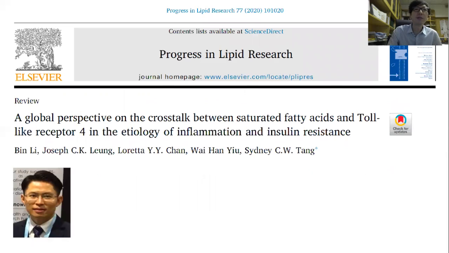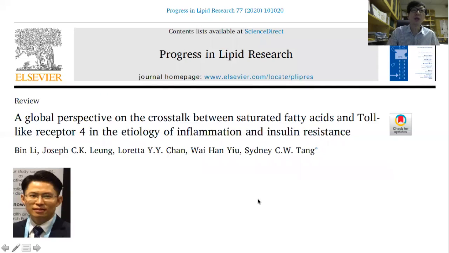This is a recent review that our group has published by Li Bing, who was a PhD student at the University of Hong Kong, who has now graduated and moved back to Guangzhou to pursue his postdoctoral studies and also training in nephrology. In this review, Li Bing nicely illustrated some of the crosstalk mechanisms between saturated fatty acids and toll-like receptor 4 in particular in the etiology of inflammation and insulin resistance.